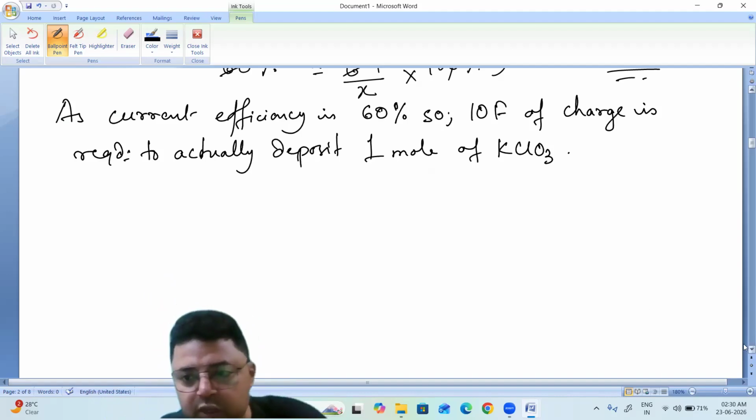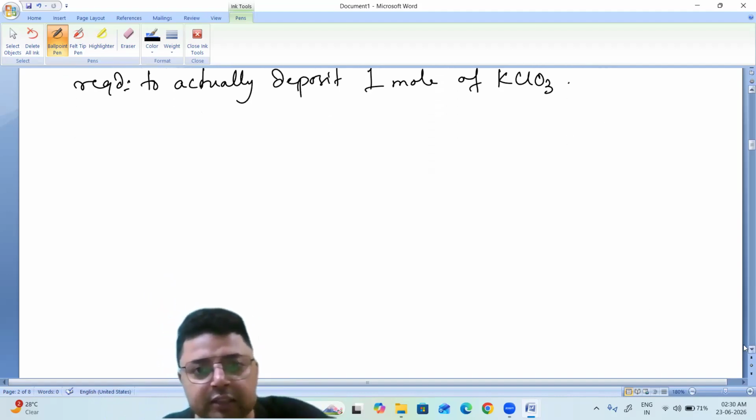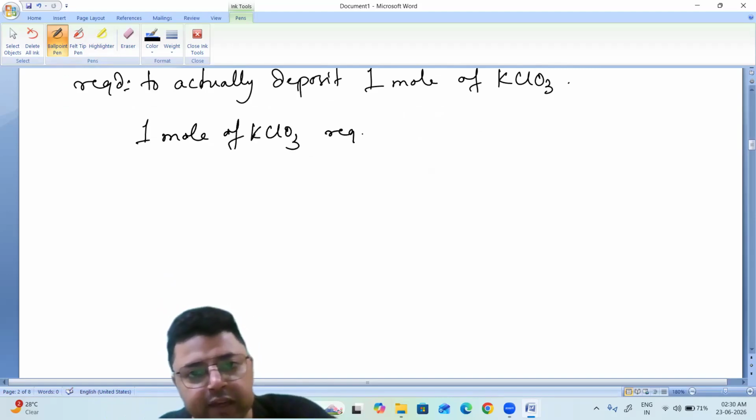Now, next what we will do? Next, we will understand what 1 mole means. So 1 mole of KClO3 requires 10 Faraday of electricity or charge.